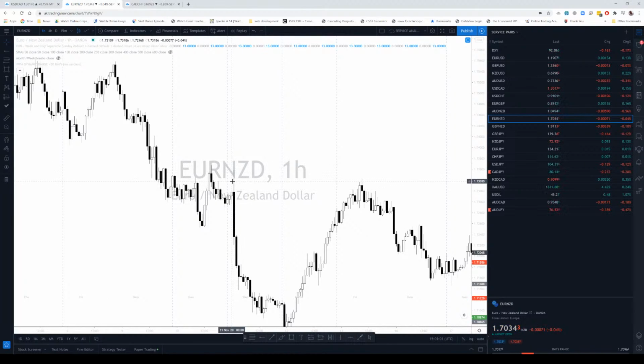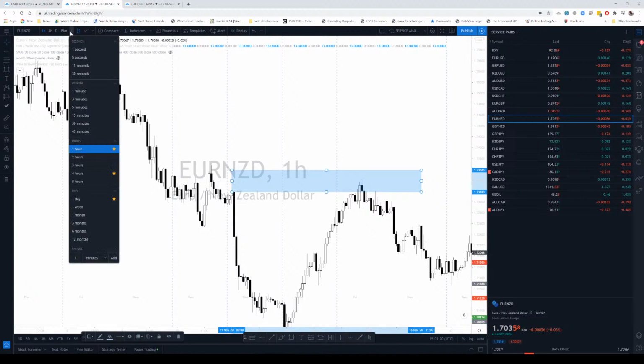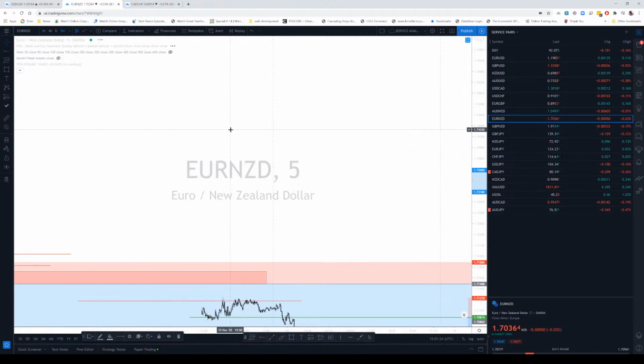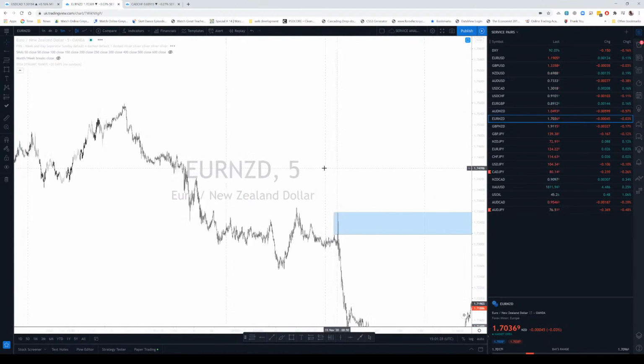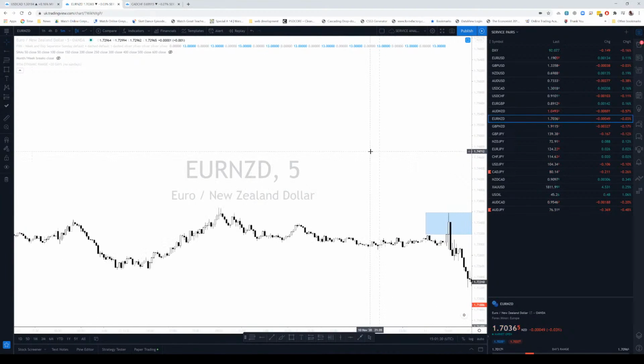Okay, so what happened here, if I investigate this last up wick, you're gonna see where this came from. So if I drop down to the 5, let's investigate the 5 minutes, because you will see that same thing in here.